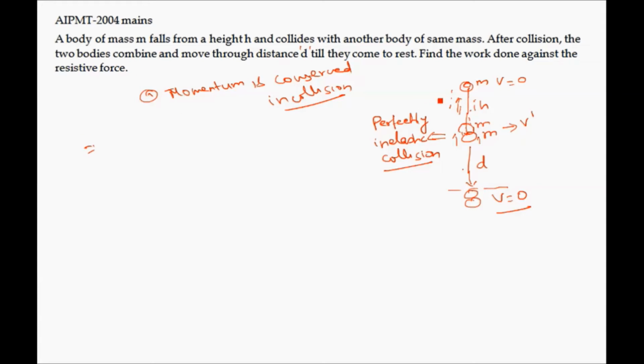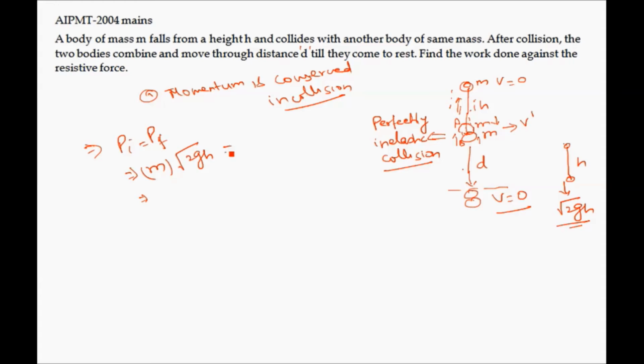So first we calculate this velocity v dash. When this mass strikes the other mass, suppose this is mass A and this is B, then when mass A strikes mass B, Pi is equal to Pf, that is, initial momentum is equal to final momentum. Initial momentum is m into the velocity of mass A. As we know, when a body drops through a height h, its velocity will be equal to square root of 2gh.